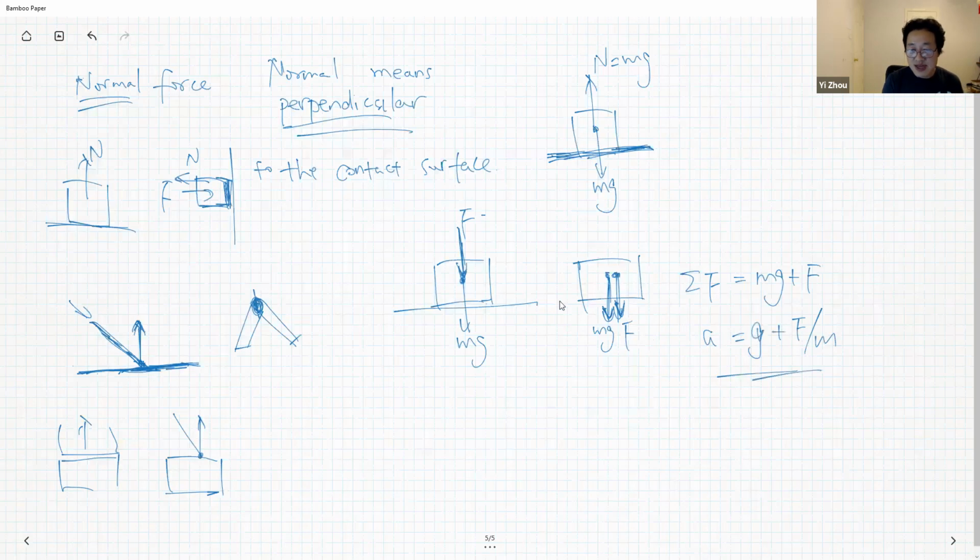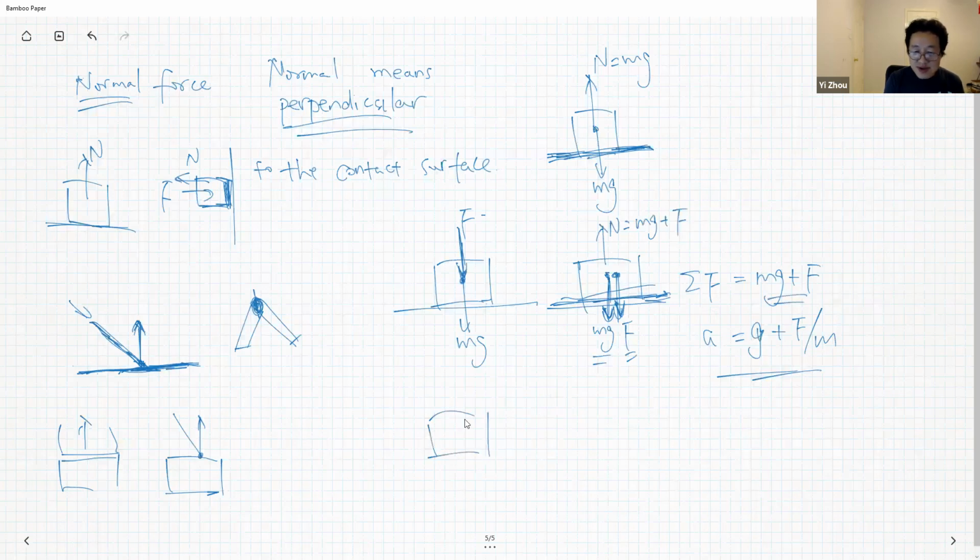Now, because this box is on the ground and not moving, which means what? The net force is 0. Because it's not moving, or it's moving with constant velocity, that means the total force is 0. Because we know the sum of these two forces here, then we need another normal force, which will have to balance these two, okay?